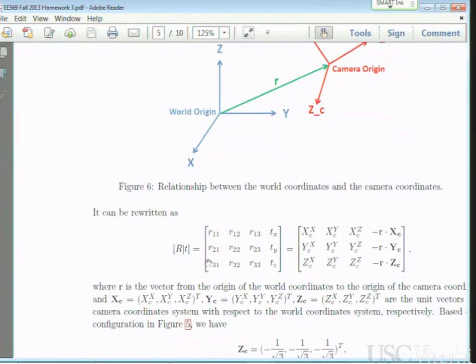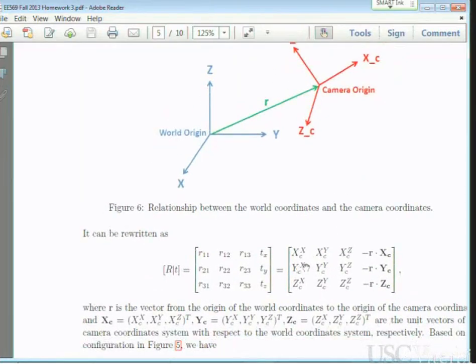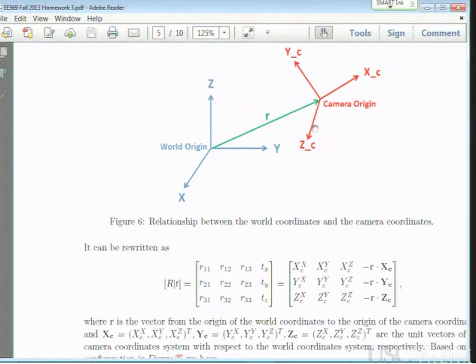And then for the second one, I put a 0, 1, 0 as input. So it's 0, 1, 0 for the Y, and you will read out this guy, and that gives you the second column. And then Z is 0, 0, 1 here, times this part, you will read this one, and this one happens to be the ZC.